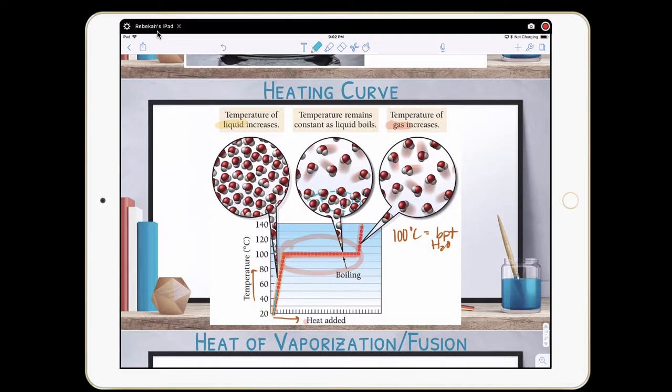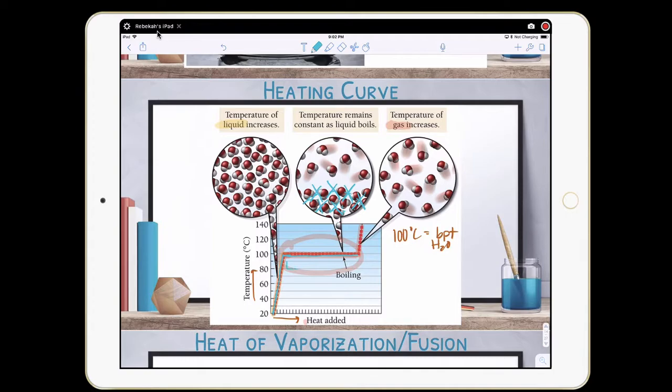So I'm making the particles move faster, and then I get to this point where the particles aren't moving any faster, but I'm still adding heat. That heat is going into breaking apart these interactions between molecules, these intermolecular forces. So we're breaking down these intermolecular forces so that all of my water molecules can turn into gas, because we talked earlier about the difference in solids, liquids, and gases. Liquids are very close to each other, gases are very far away, so you need to actually pull it apart.